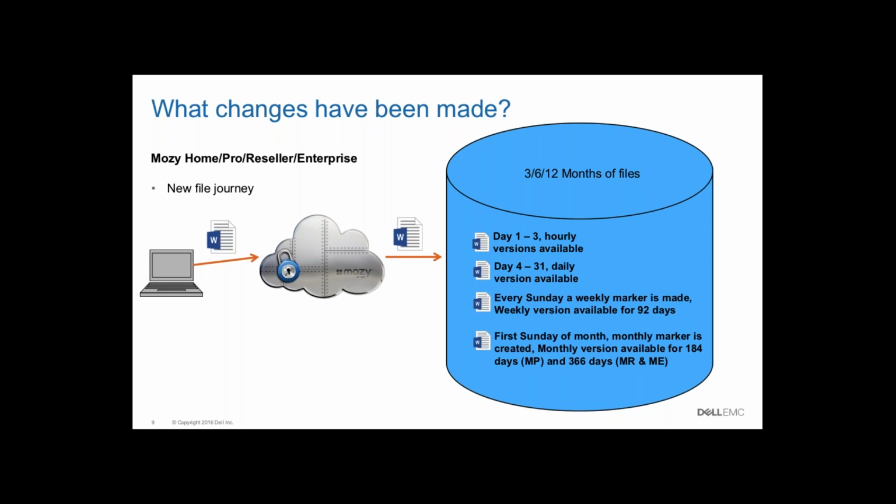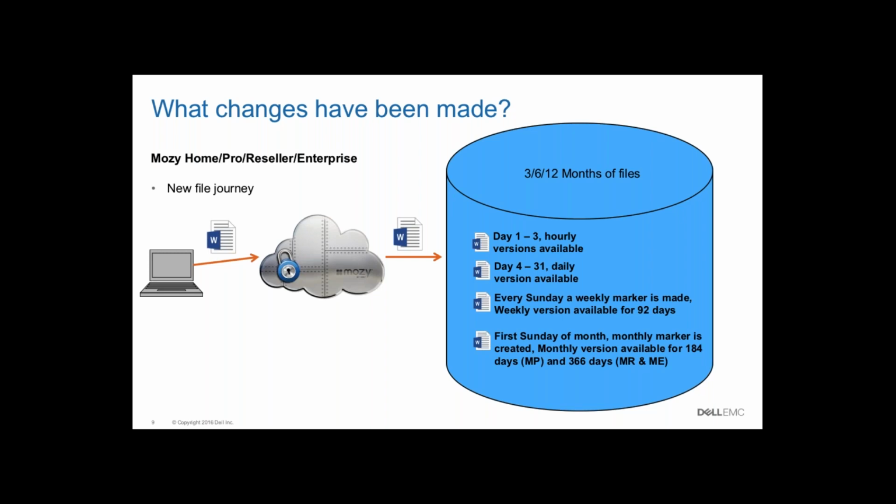From the in-client restore window, you will be able to go in for the first 3 days after that file was initially backed up and use restore points on an hourly basis. So for that 3-day period, you would be able to restore your full 12 backups that were run each day. If you run your backups 12 times a day, you could select any one of those particular versions.